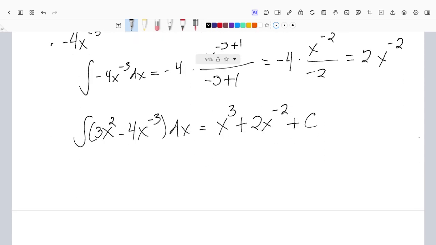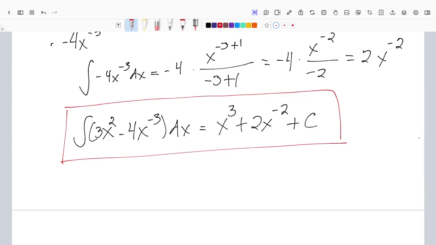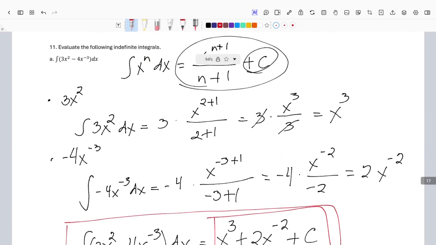And that is the final answer, because we don't have any like terms to simplify or combine. This is our answer to the equation here.